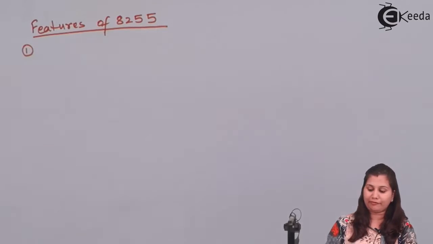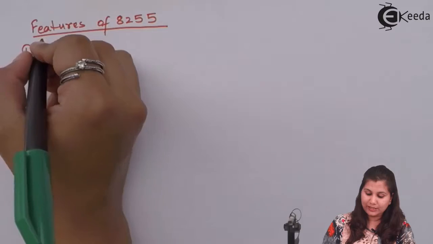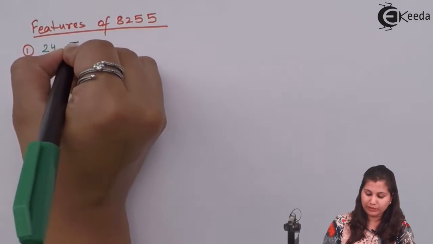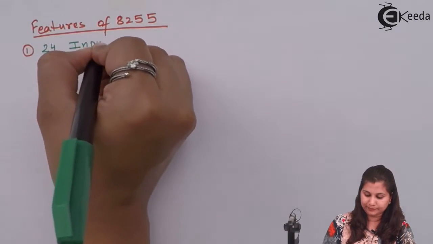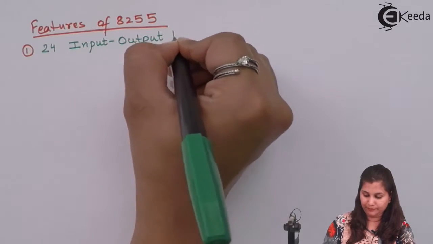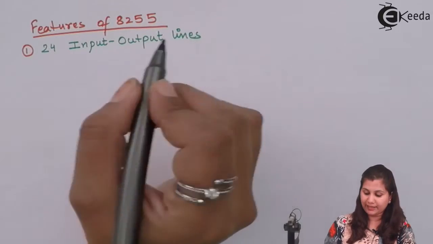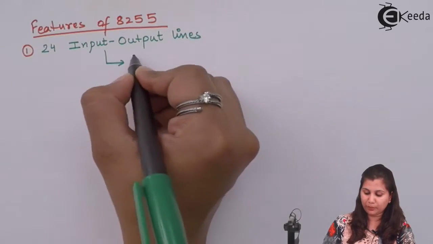This 8255 programmable peripheral interface, PPI, has 24 input output lines. And these 24 input output lines are divided into 3 ports.